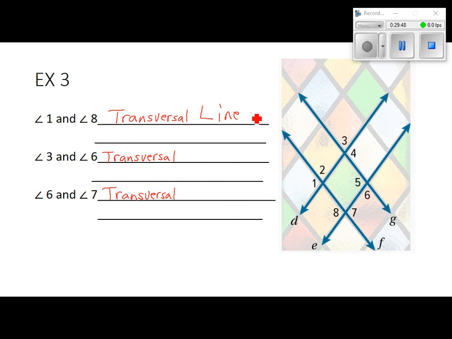Line F. Now, if I know I'm using line F as the transversal, this other transversal that goes this way, line G, do this so that you don't have to redraw it. Take your finger and cover up that line. So now we're looking at angle 1 and angle 8. What kind of angles are angle 1 and angle 8 to each other? Corresponding. Corresponding angles.